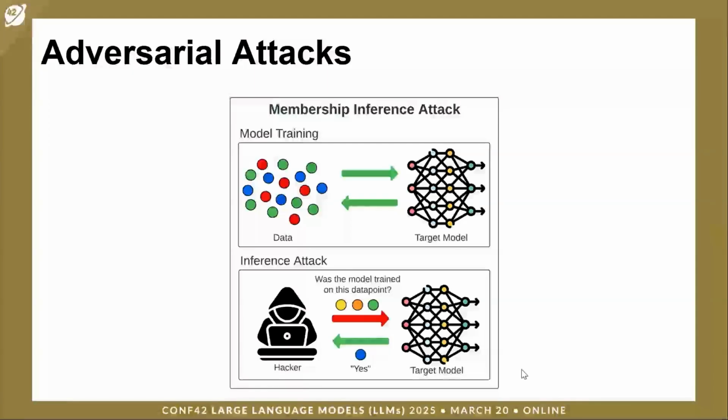Typically, a model trained on a specific data point will generate high confidence predictions for that data point if it was in its training dataset. And by introducing slight modifications to the input data and observing fluctuations in the model's confidence levels, an attacker can make educated guesses about someone's presence in the training dataset.